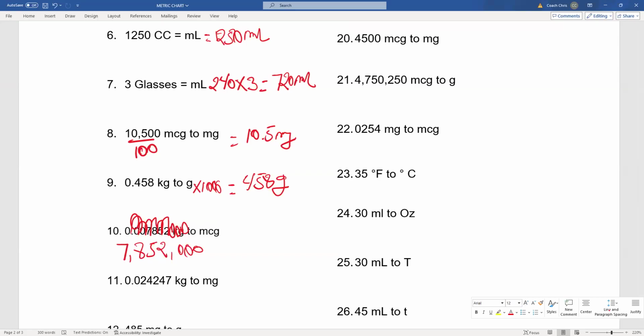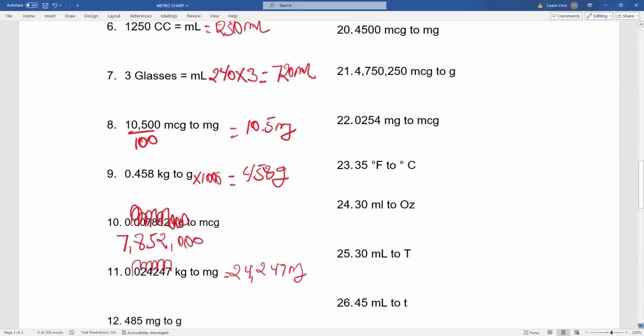Well, you're gonna move this 6 zeros. A million has 6 zeros. Move the decimal 6 times from left to right. So right here you got 1, 2, 3, 4, 5, and 6. So your answer is gonna be 24,247 milligram. All right. This is how you can learn.